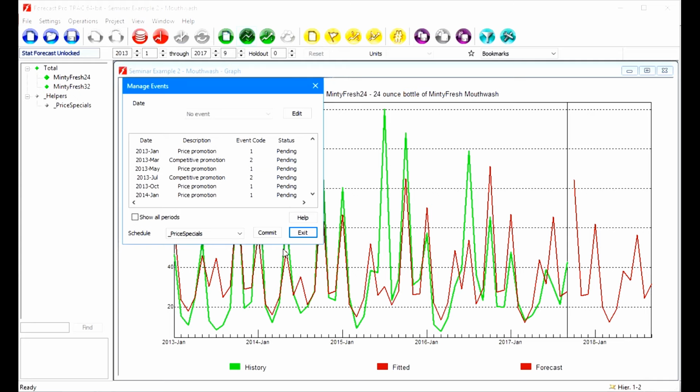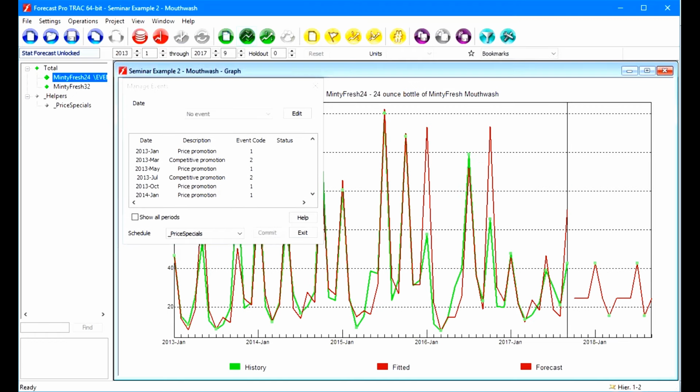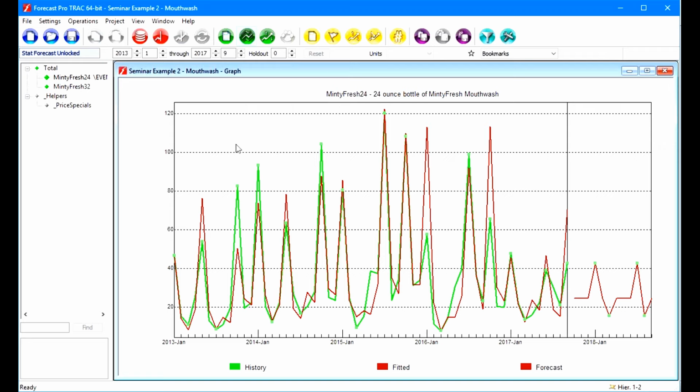So we have that schedule all set up already, and we hit commit. And what we can see now is we're doing a much better job of tracking the historic data. So some of the misses that we saw earlier, this one here was a good example, we're now capturing that with this event model.